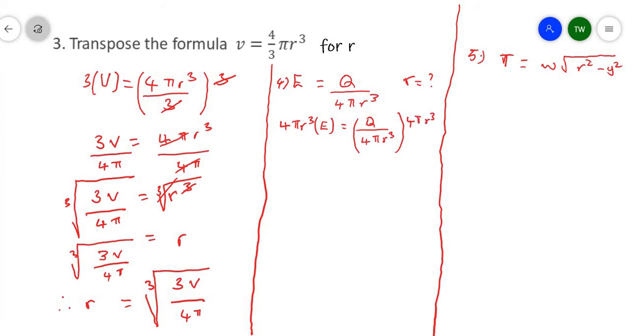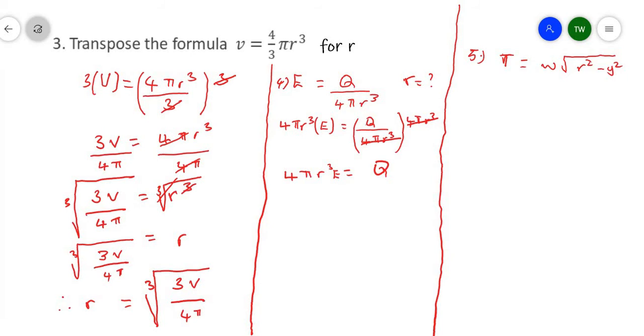Now, by multiplying both sides by the denominator, you note that 4 pi R cube here in the denominator will cancel 4 pi R cube here in the numerator. So on the right hand side we are left with just the numerator, Q. Over here now, what you have is just 4 pi R cube E.